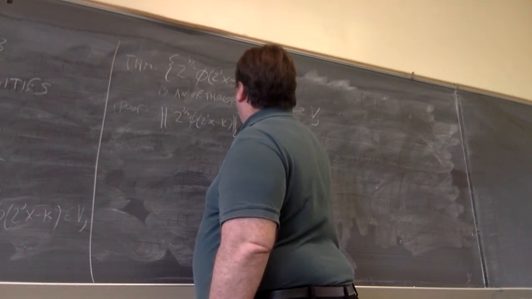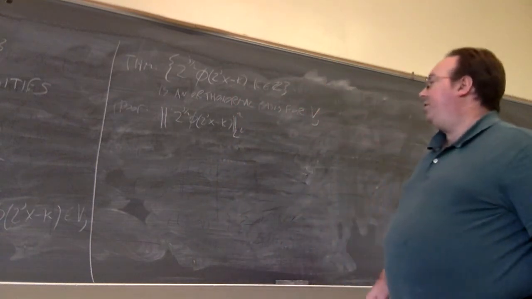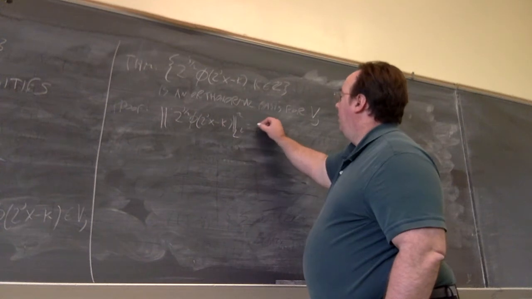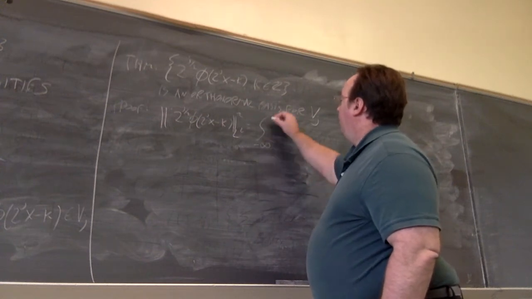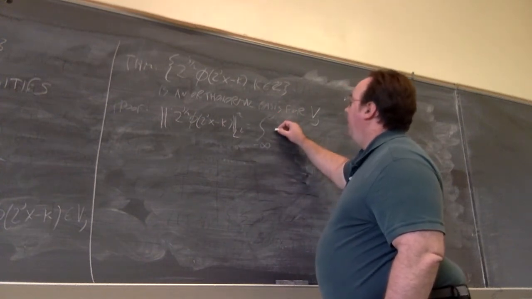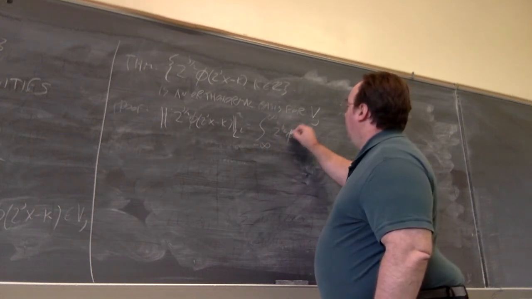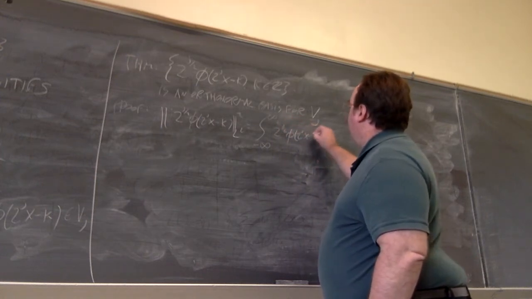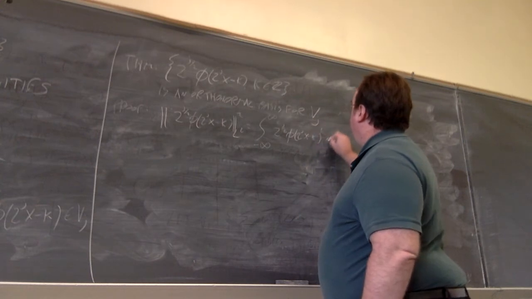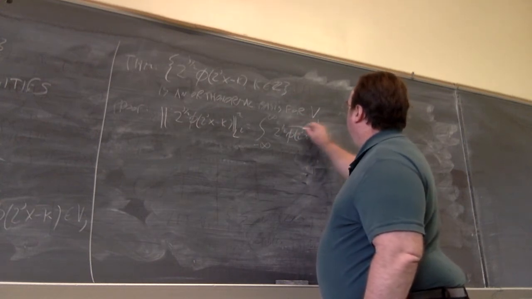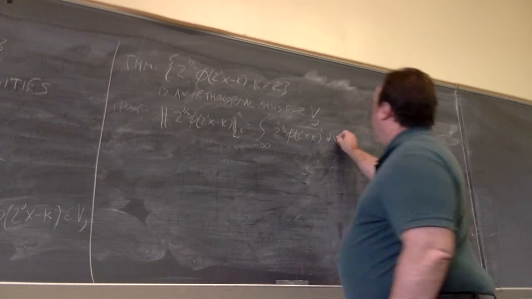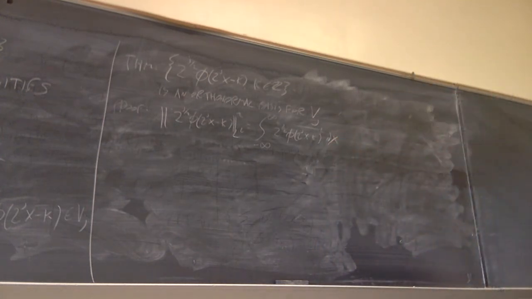So it's the L2 norm squared. That would be the integral from minus infinity to infinity of 2^(j/2) phi(2^j x - k), squared. Well, the function is real, so I don't need to conjugate anything. So it's just the square.